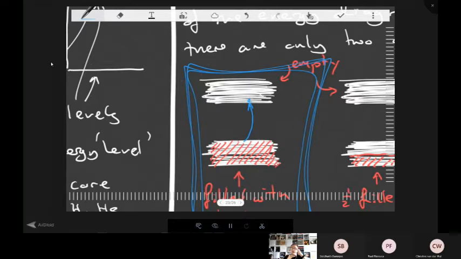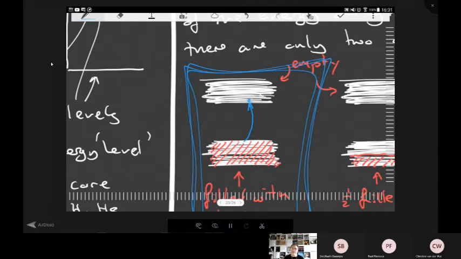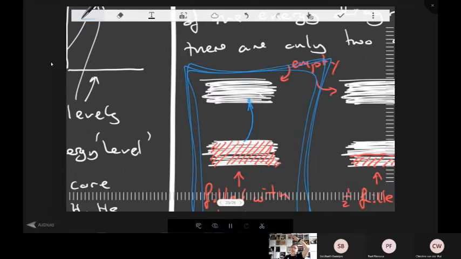So if the gap is small enough that thermal energy can promote electrons across the gap, we call that a semiconductor. But if the gap is too big, so that the temperature you would need would basically destroy it, like 10,000 degrees, well, no solid is going to be solid at 10,000 degrees. We call that an insulator.